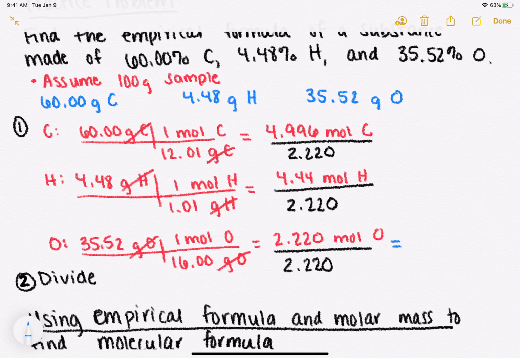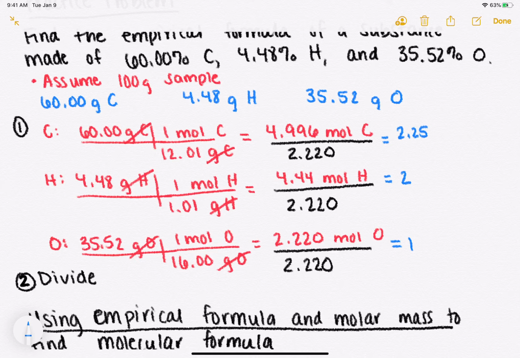So, of course, for oxygen, that is going to be 1. For our hydrogen, that is going to give us 2. And for carbon, that will give us 2.25.